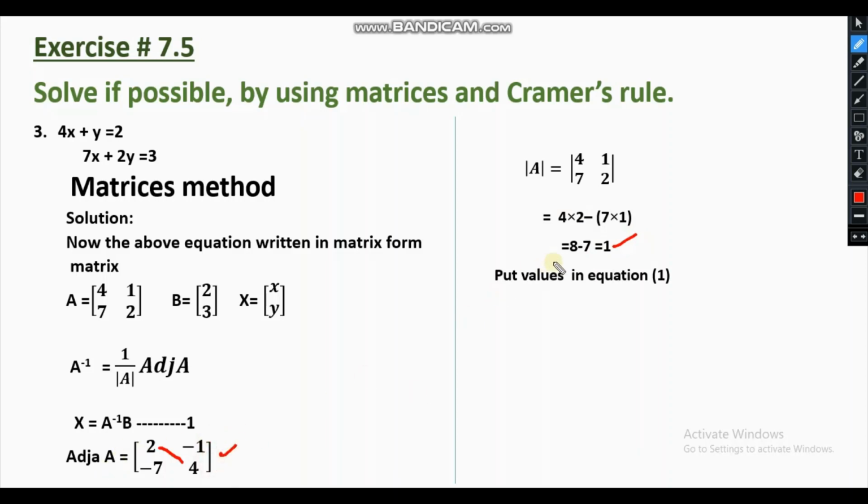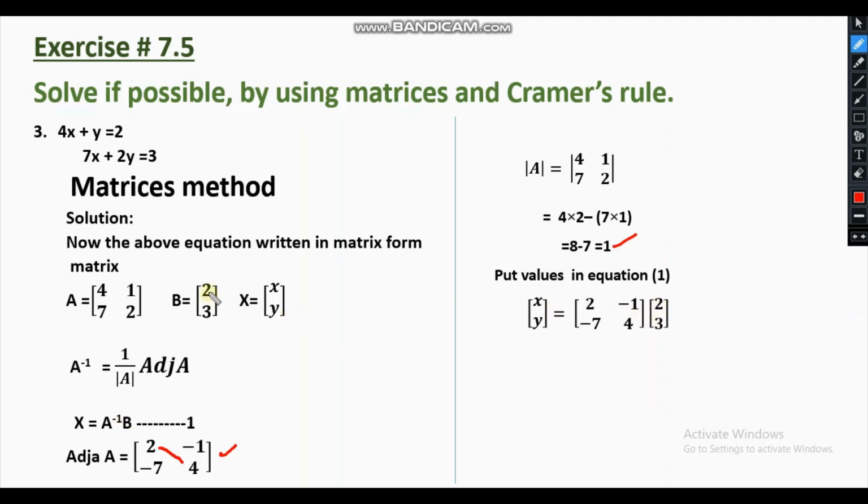Now we put both these values in the inverse equation. First of all we will find the inverse and then the values of x and y. The values of x and y are equal to A inverse times B. Because A inverse is 1 divided by mod of A, which is already 1, we can use the adjoint of A, and B is 2, 3.